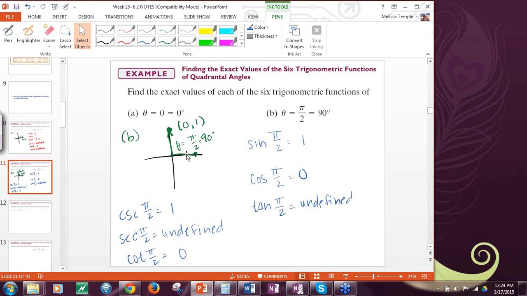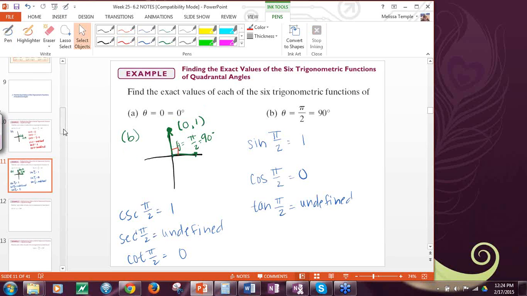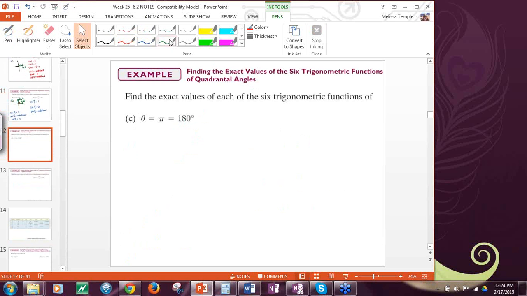The initial side is along the positive x-axis, and a positive degree says to go counterclockwise. So I've gone counterclockwise 90 degrees. This angle right here is a 90-degree angle, or right angle, and I've gone up a distance of 1 for my terminal side because my radius is 1, because I'm working on the unit circle. So this is now the point. Think about if you were in a coordinate plane. I've gone left and right 0, so my x is 0. I've gone up 1, so y is positive 1. Very good question.